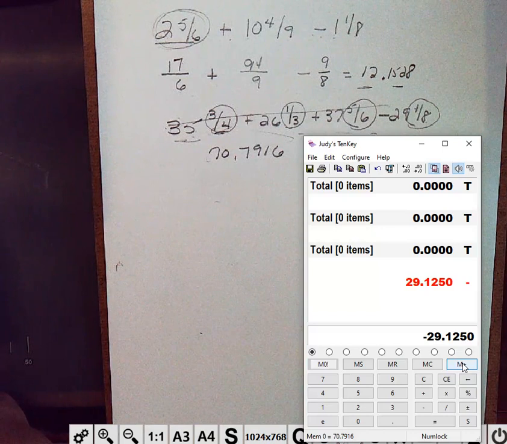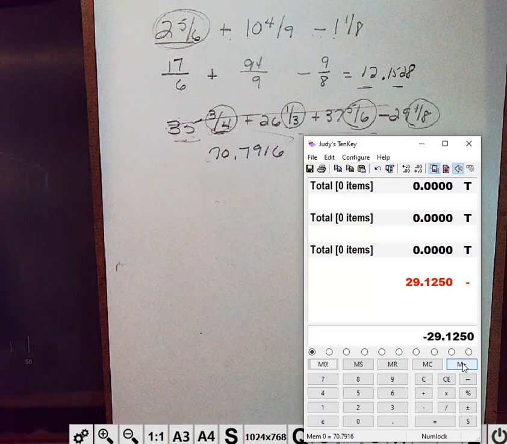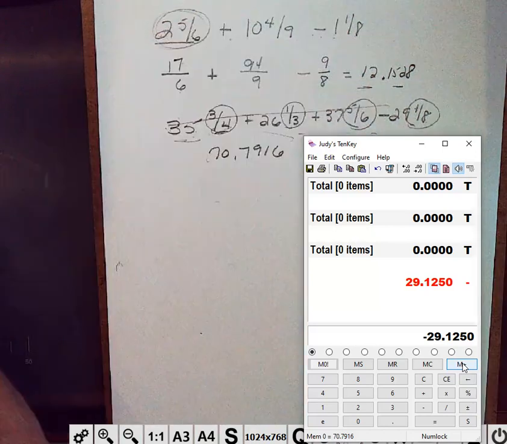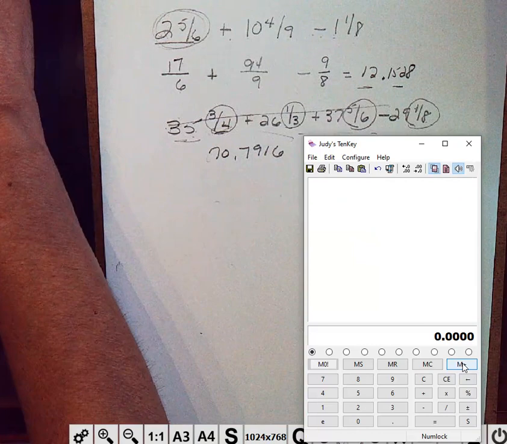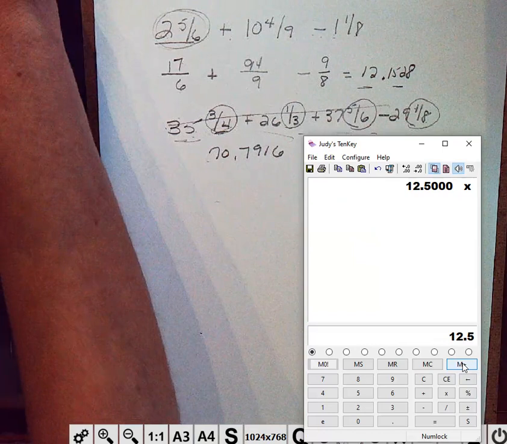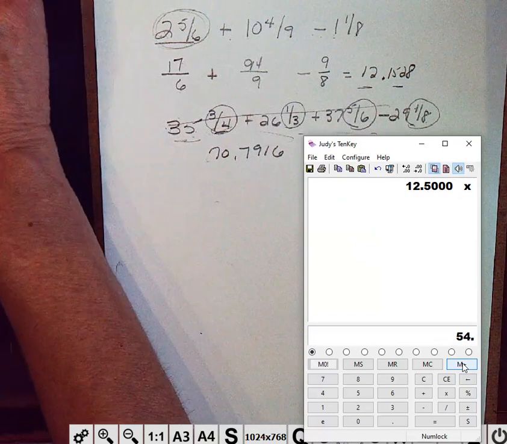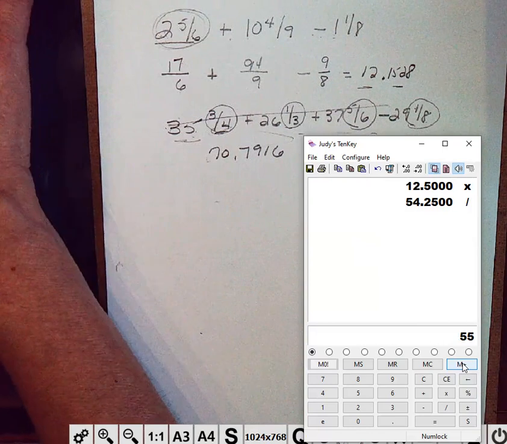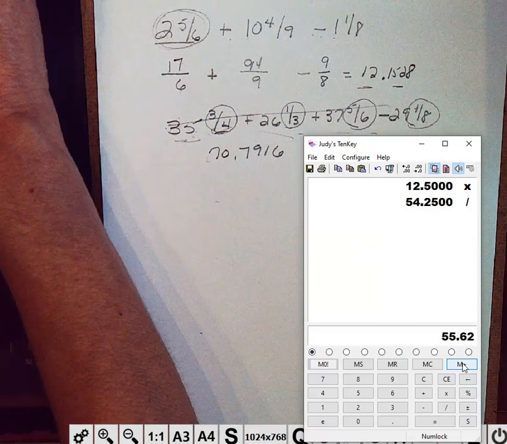Numbers 21 to 25 are the same, except you are multiplying. So multiplying these, you can go straight across. I'm on 21, you guys: 12.5 times 54.25 divided by 55.58 is 625.